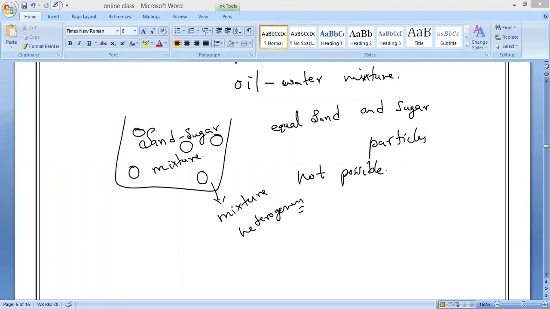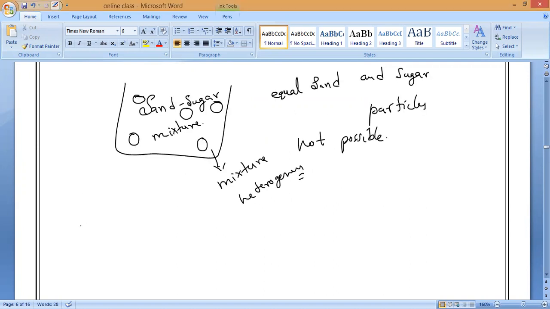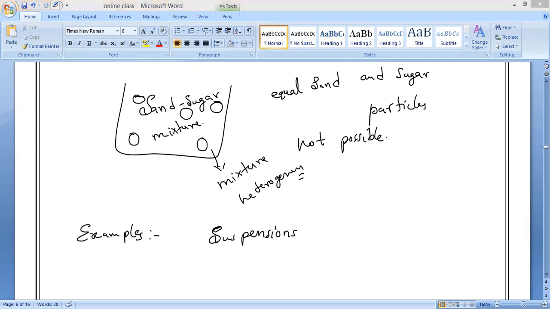Write it. Suspensions of solids in liquids.